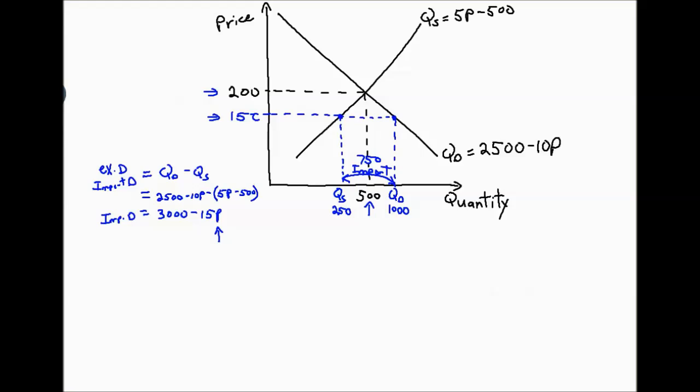This is the import demand function right here that we have derived from the regular demand equation and the regular supply equation, and the given world price of 150. Remember? 150. Alright, now how does it look visually? Well, visually, let's draw it down here.